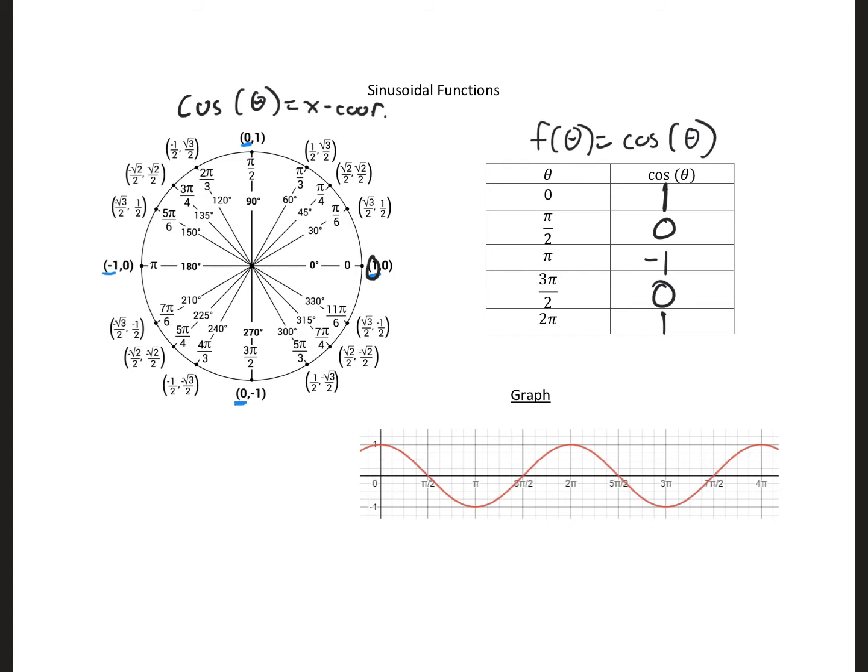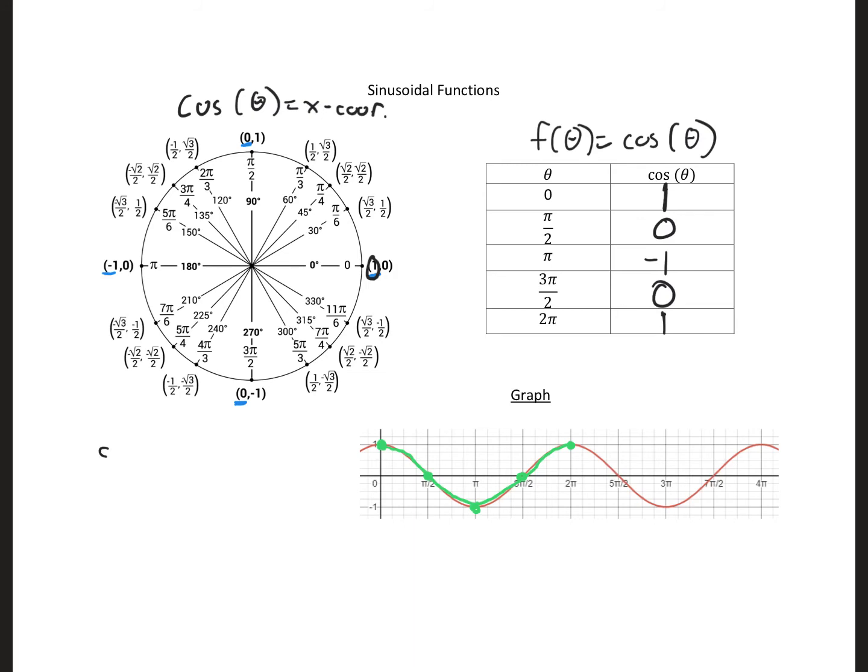So we've got the points 0, 1, pi over 2, 0, pi, negative 1, 3 pi over 2, 0, and 2 pi, 1. So here is one period of cosine. Notice a couple quick notes. Sine of x begins on the midline. Cosine begins at a peak and goes down to a valley. So that's a little bit different.